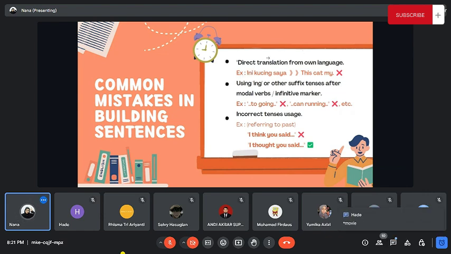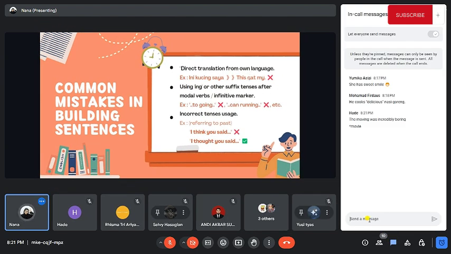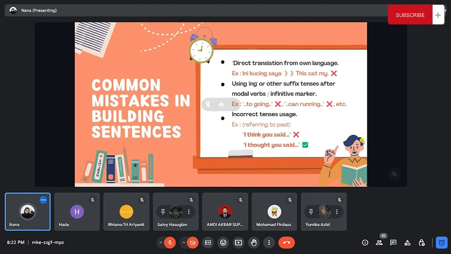For example, in Indonesia or Malaysia, we say ini kucing saya, but then you translate it into this cat my. This is wrong. The correct one is this is my cat. So do not directly translate English words from your own language.